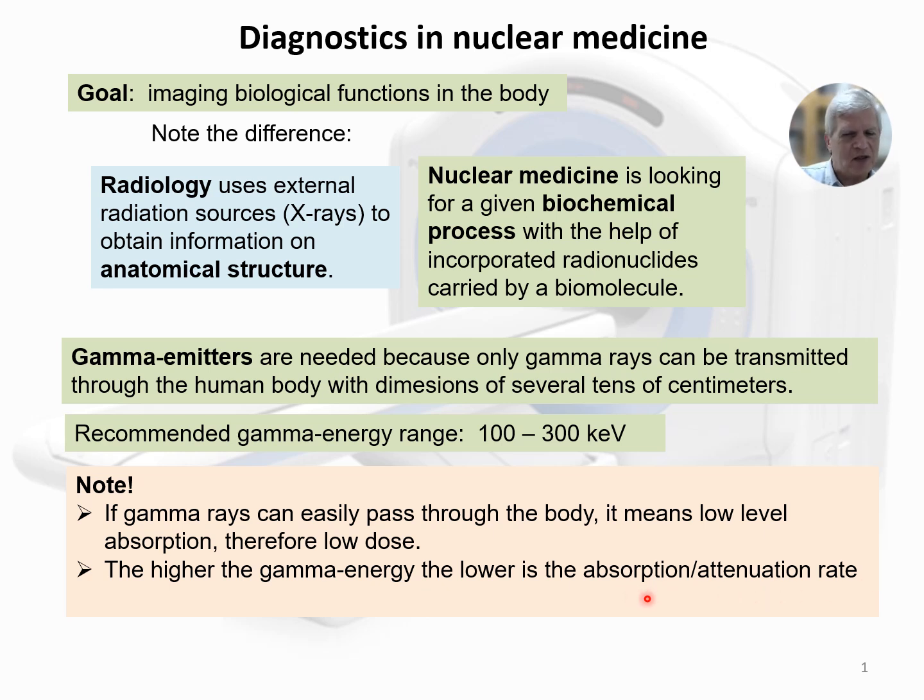This is not so simple to understand as in the case of alpha and beta radiation, because you may remember the interaction between gamma and matter is a little bit more complicated. But this is the final conclusion: the higher the energy of the gamma radiation, the lower the absorption. We will see later the consequence of it.